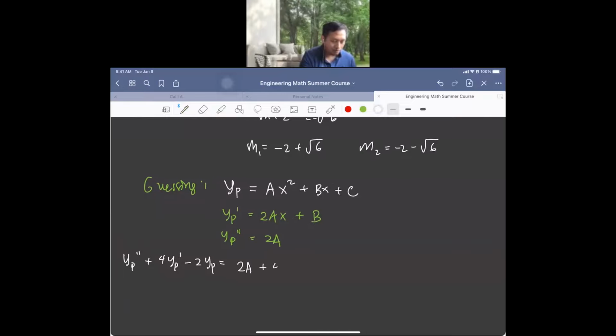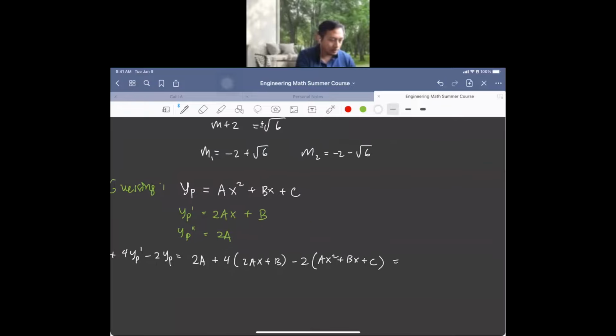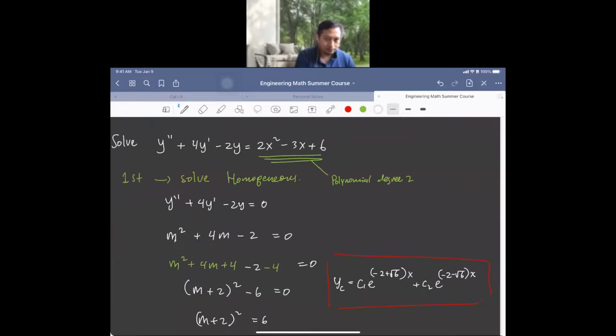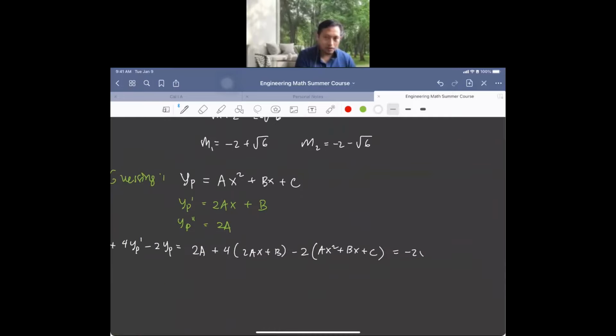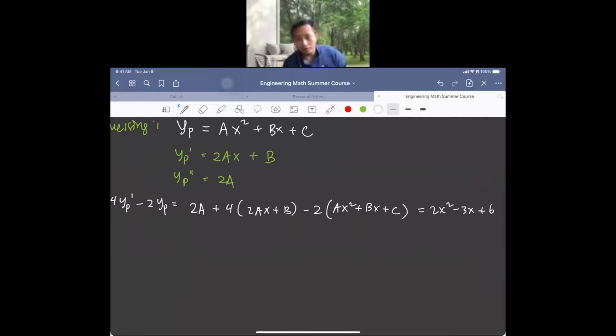Now we can write 2a plus 4 times (2ax plus b) minus 2 times (ax squared plus bx plus c), and this is supposed to equal 2x squared minus 3x plus 6.